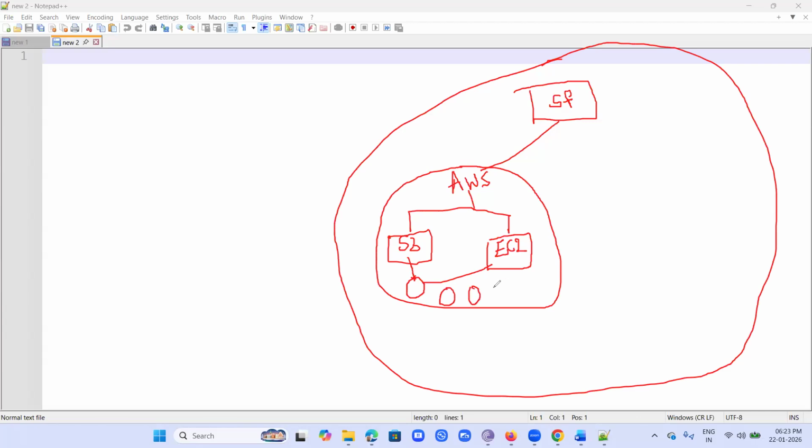For every user, they allocate these resources. Similarly for other clouds also: AWS, GCP, they have enterprise accounts, and in their accounts they allocate these resources for you.